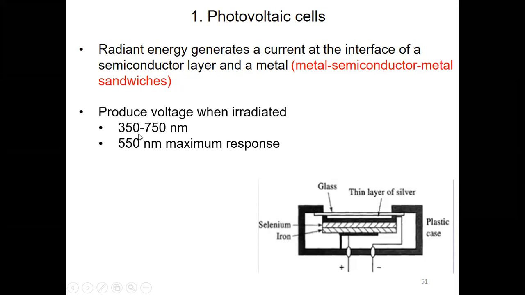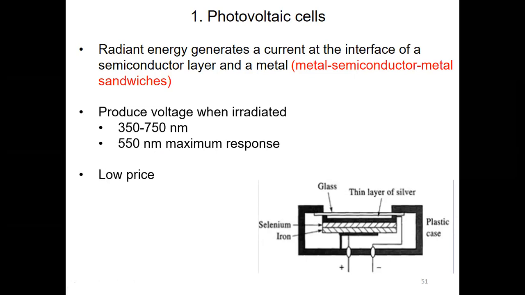So 350 to 750 region. Basically, if we are interested in the 350 to 750 nanometer range, that means in the visible range, we can use these photovoltaic cells because it produces voltage when irradiated in this wavelength range. And the maximum response will be at around 550.